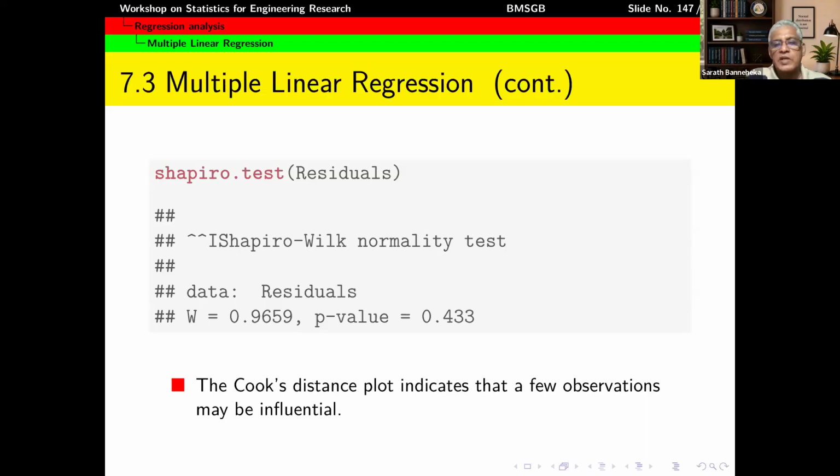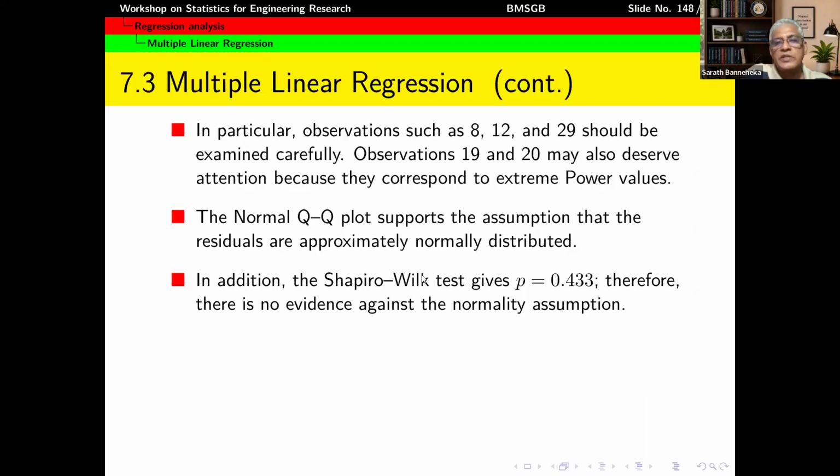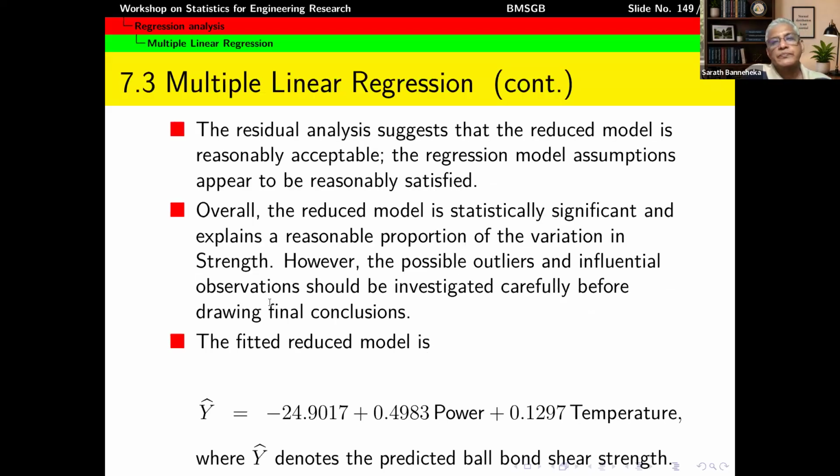The Cook's distance plot indicates that a few observations may be influential, but we have already decided not to worry about that, and we cannot do anything at this point. Actually, we don't know any information about the data, but you have to be careful when interpreting the results. The normal QQ plot supports the assumption that the residuals are approximately normally distributed. In addition, the Shapiro-Wilk test also gives a large p-value. Therefore, there is no evidence against the normality assumption.